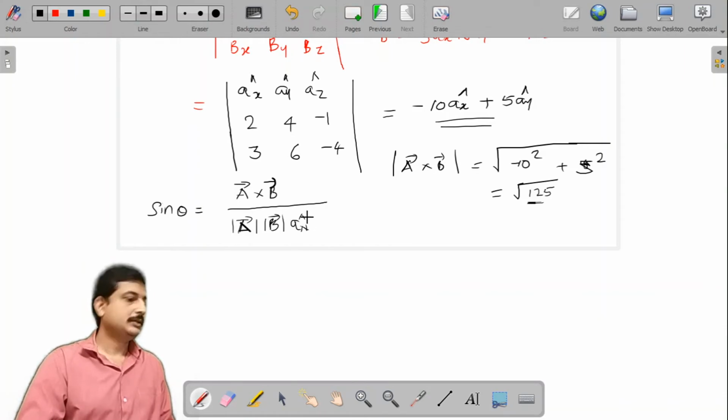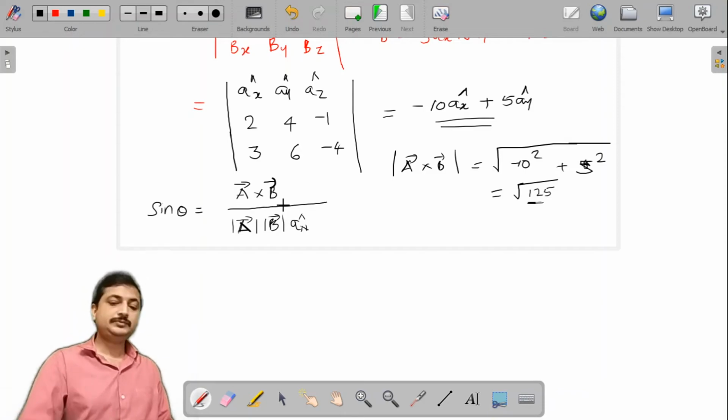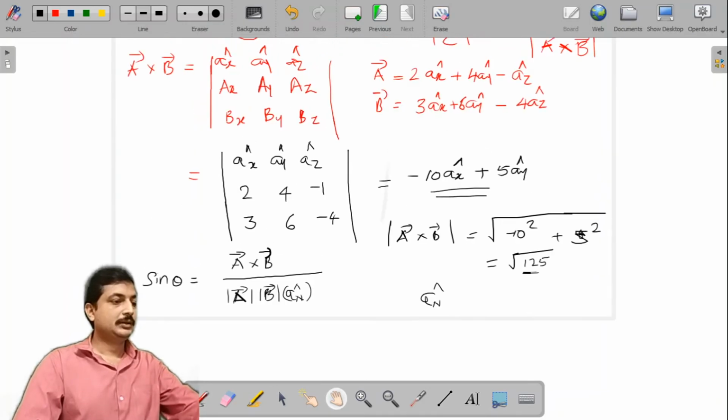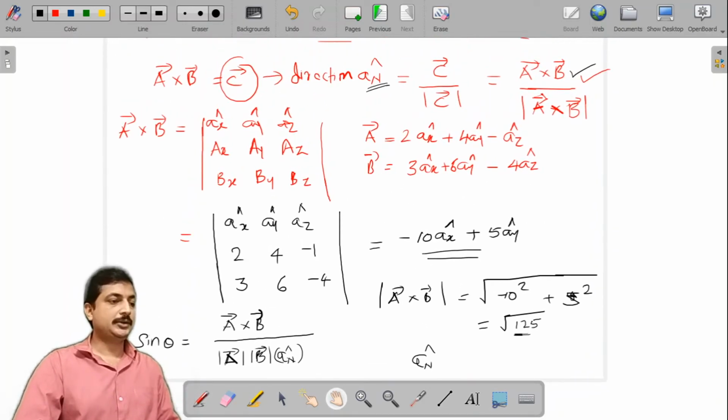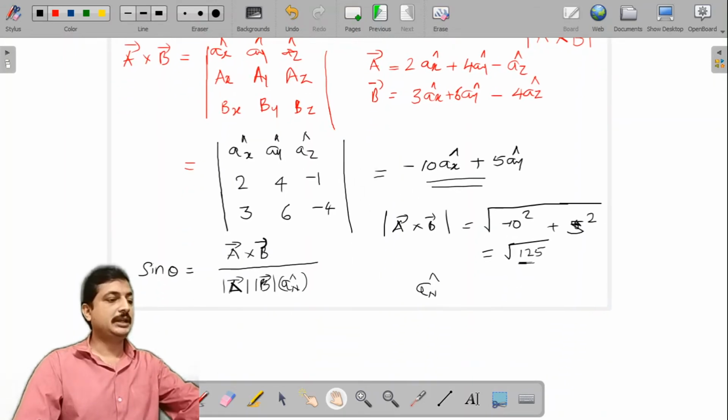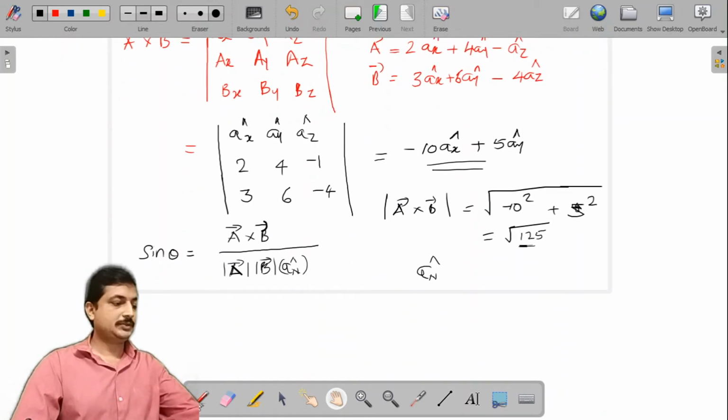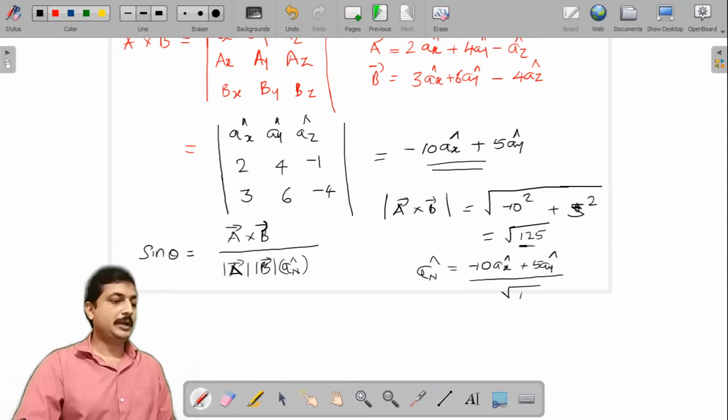Okay, A n cap. So now I know what is A n cap. Okay, right? So A n cap is A cross B divided by magnitude of A cross B. So A cross B was minus 10 ax cap plus 5 ay cap, divided by square root of 125. Okay, so this is n cap.